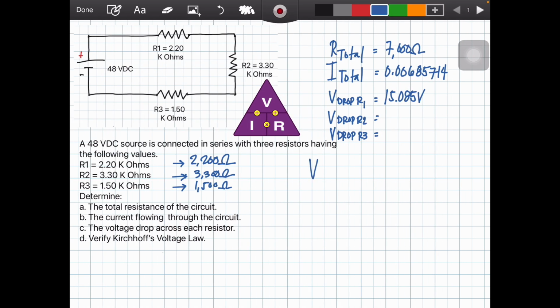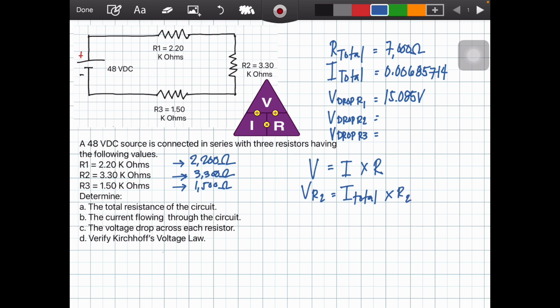Voltage is equals to current multiplied by the resistance. In this case, we write voltage drop for R2 is equals to the total current of the circuit, I total, multiplied by R2, because what we are looking for is R2.